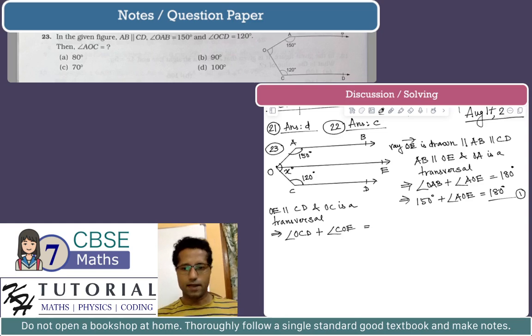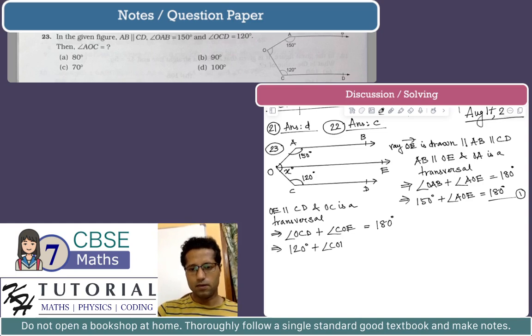These are the co-interior angles formed by the transversal OC with the parallel lines OE and CD. So this should also be equal to 180 degrees. Angle OCD is given to be 120 degrees, so 120 degrees plus angle COE equals 180 degrees. Let us call this equation number 2.